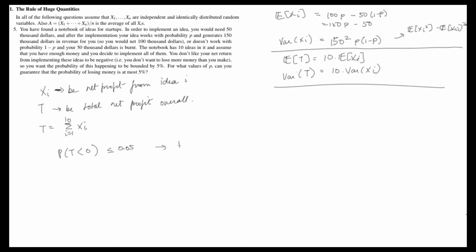So let's try to write T less than 0 in terms of something for which we can use Chebyshev's inequality.